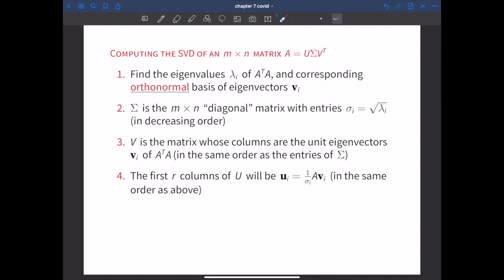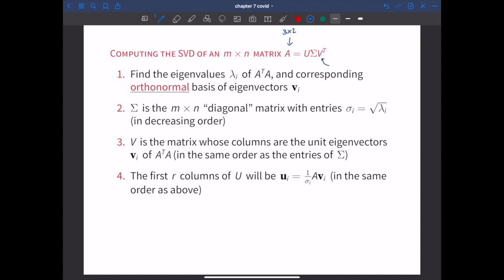Now the problem is that in some situations that won't be enough. For example, maybe our original matrix A is a 3 by 2 matrix. Well, in that case, V is going to be 3 by 3. So we're going to have 3 eigenvectors for the columns of V. Nope, that's a blatant lie.